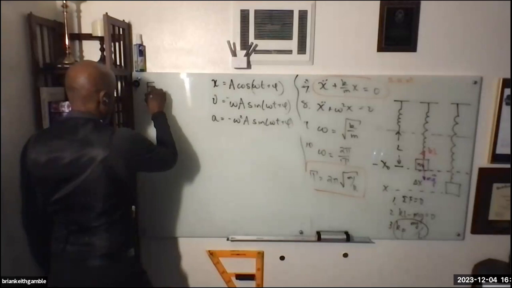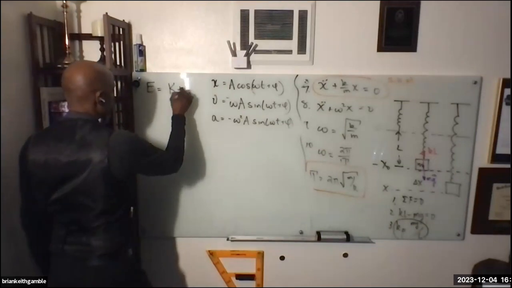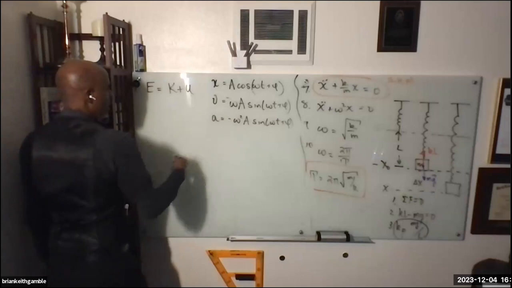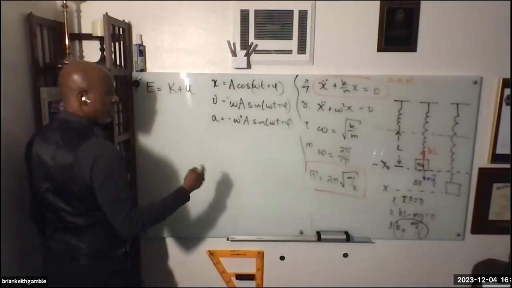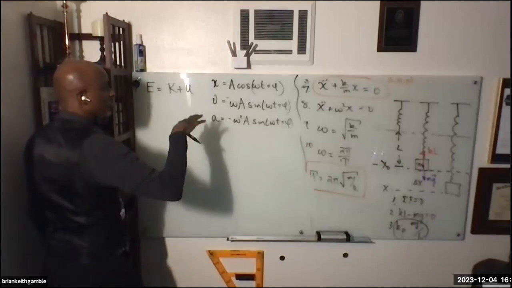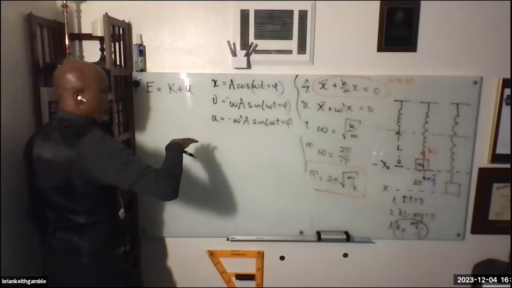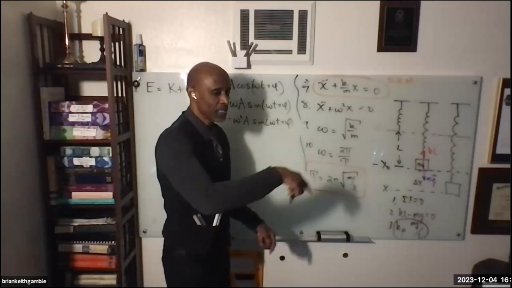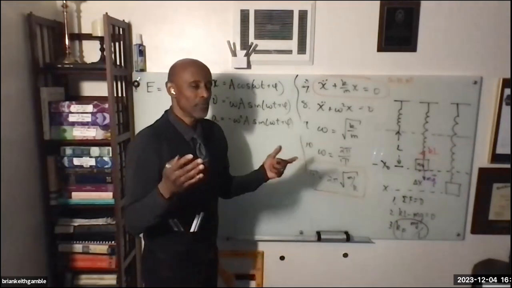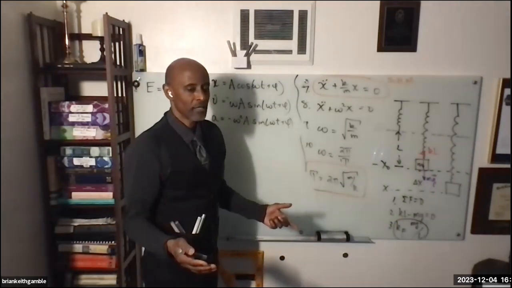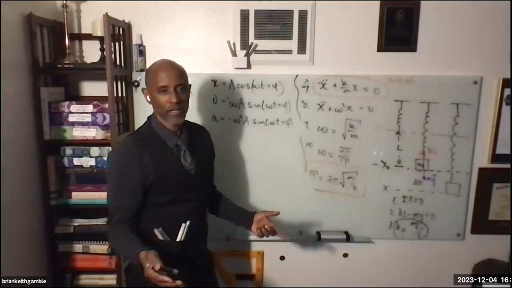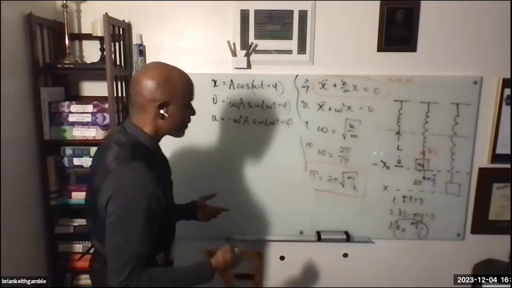So mechanical energy E is always kinetic plus potential. The kinetic is just 1/2 mv squared, where this is v, and the potential is going to be 1/2 kx squared. So we can use the form of a spring as the potential energy function, even for the pendulum and other things. Why? Because the harmonic functions satisfy. It's kind of like an analogy.